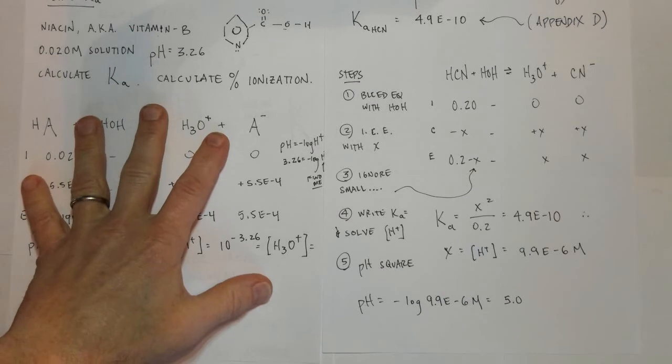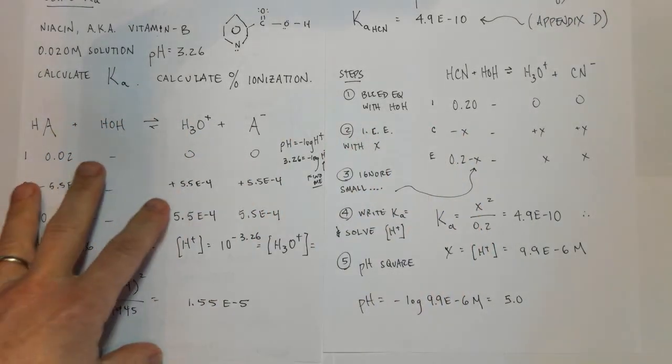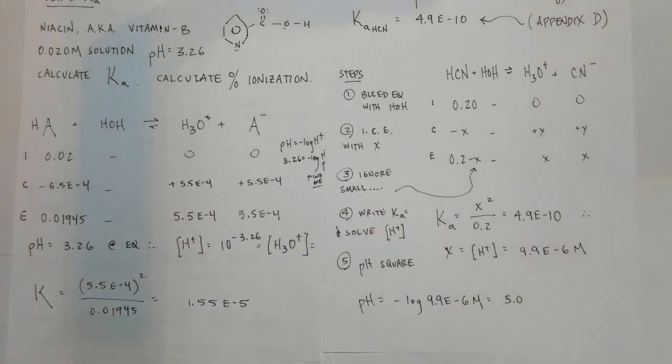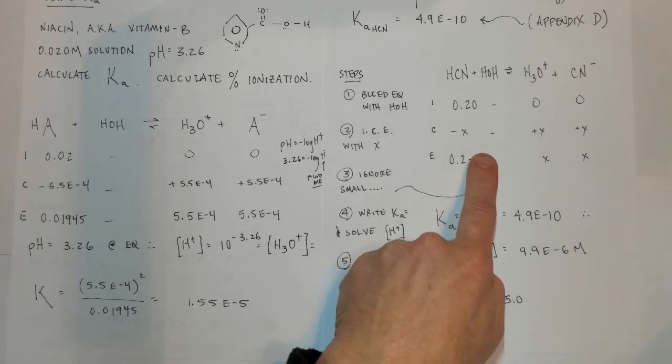These two types of problems are super popular. They're ones that show up all the time as far as calculating goes. And one little aside that I told you I'd give you is, when is it okay and not okay to make this assumption of losing X and ignoring that amount?